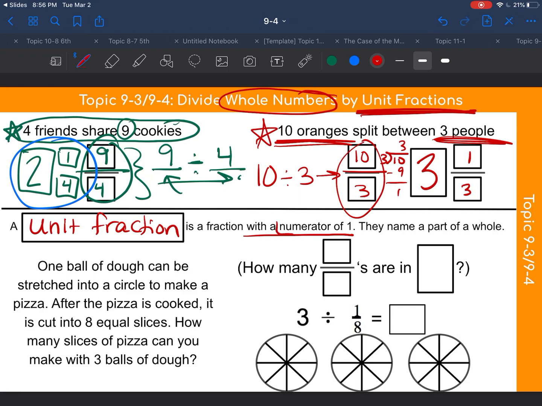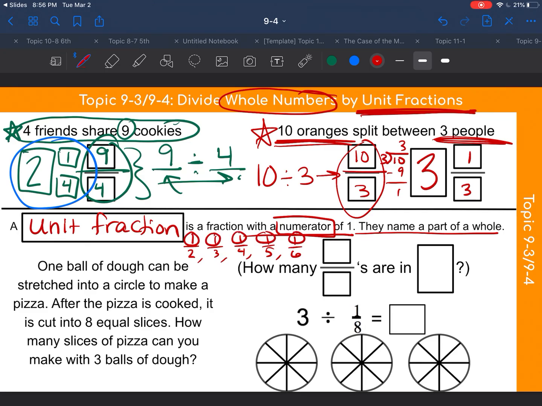And remember, a numerator is that top number. Basically, unit fractions name a part of a whole. An example of a unit fraction could be 1/2, 1/3, 1/4, 1/5, 1/6, and you should kind of see my pattern. So the numerator for a unit fraction is always 1.